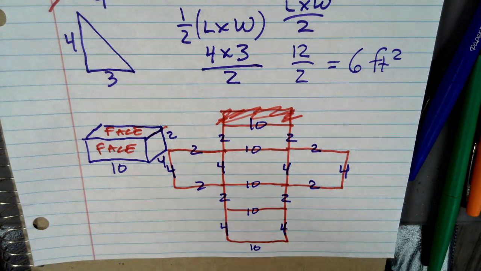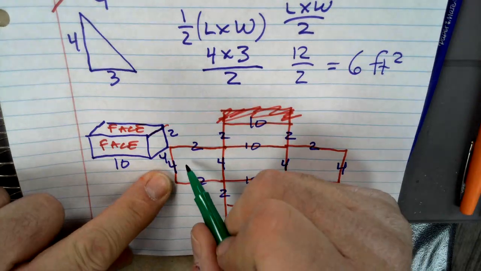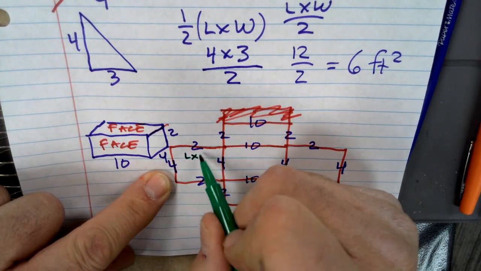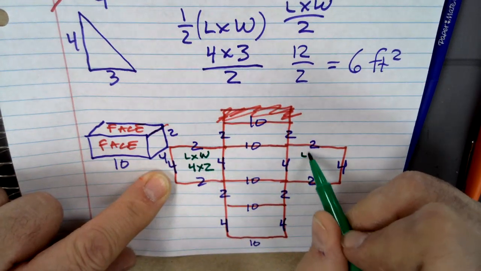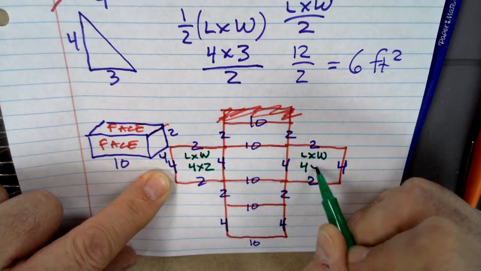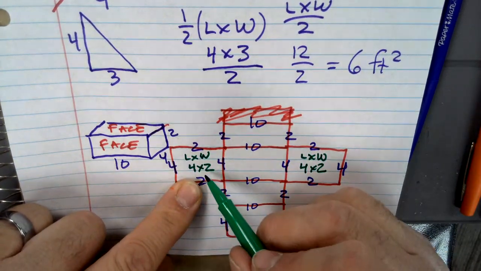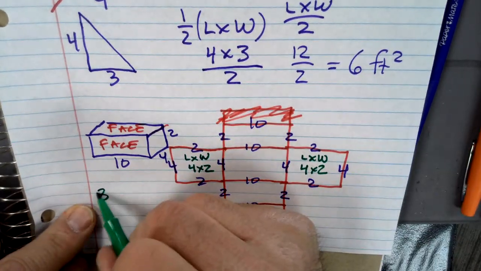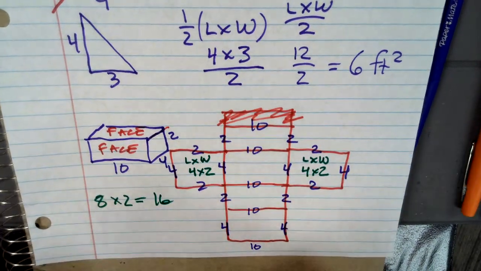But anyways, now you're looking at all these rectangles. Okay. So I have one that's length times width, 4 times 2. But here's another one over here as well, 4 times 2. So I'm basically going to do each of those twice. 4 times 2 is 8. I have 2 of them, so I have 16 for my green side.